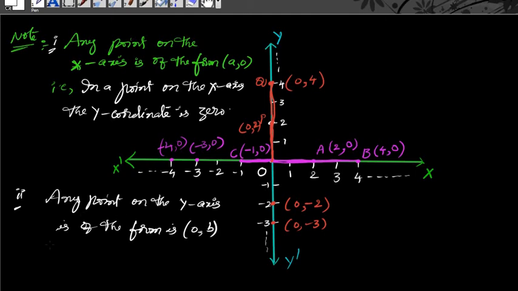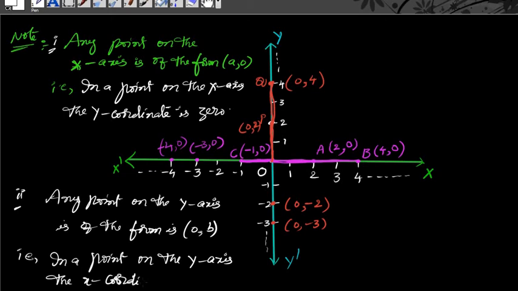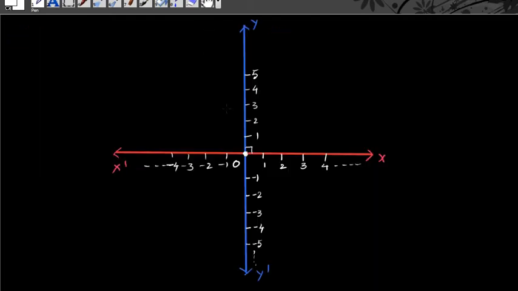That is, for a point on the y-axis, the x coordinate is 0. The x coordinate is 0. That is the concept. Okay. Let us consider a coordinate system. Now I am going to plot a point here.